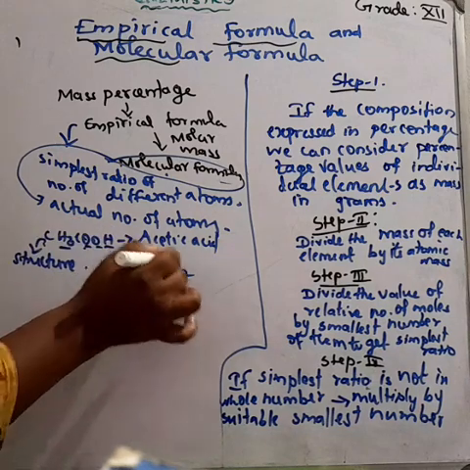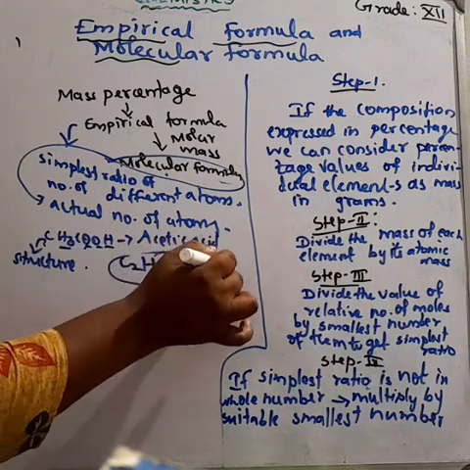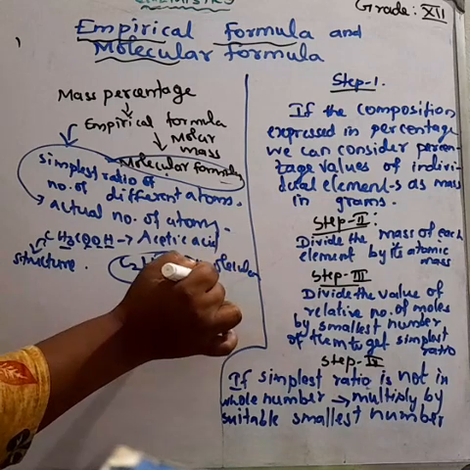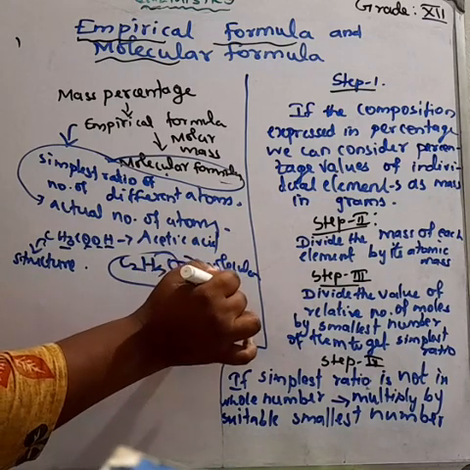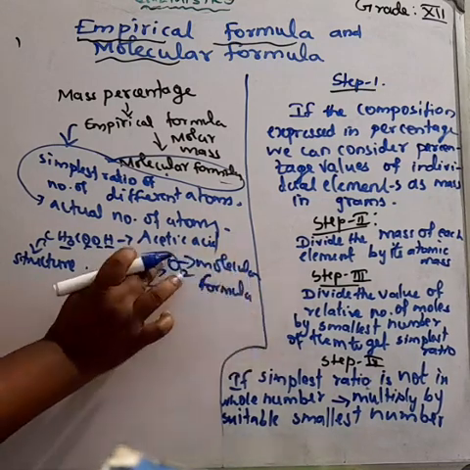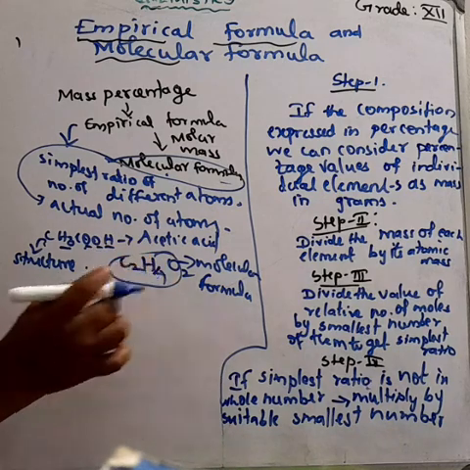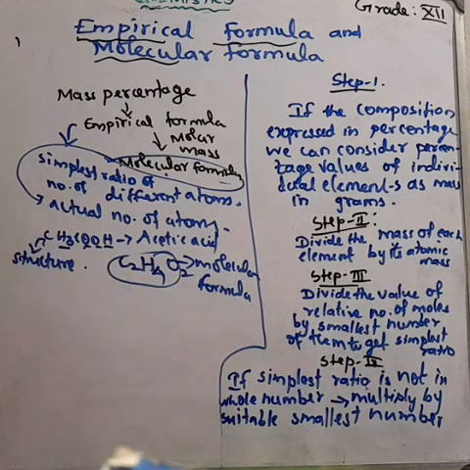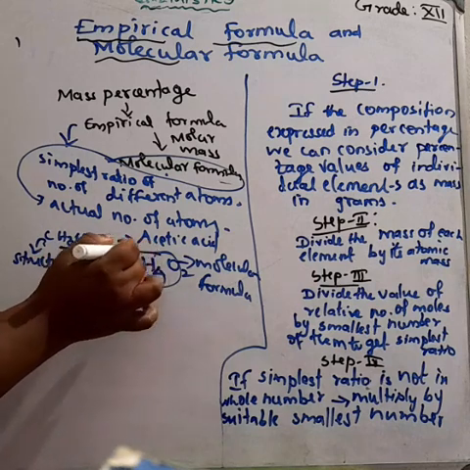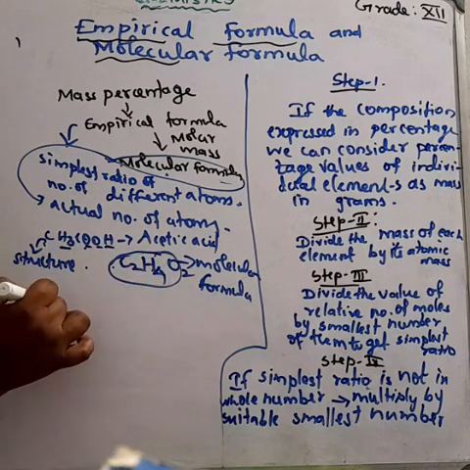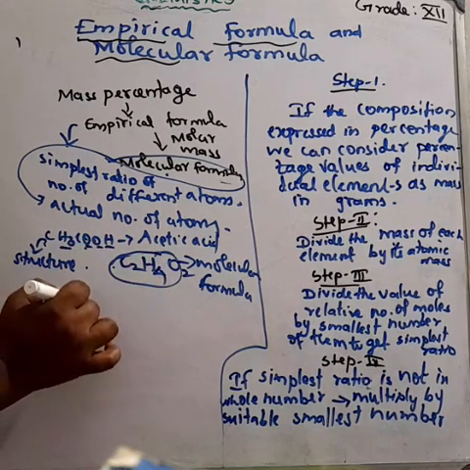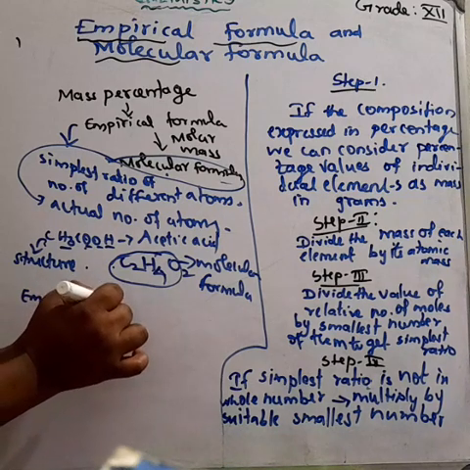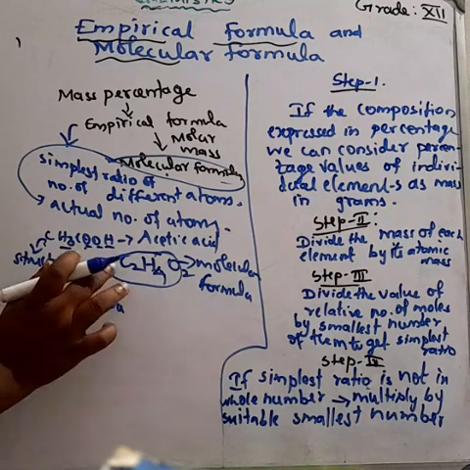So molecular formula means the actual number of different atoms present in one molecule. Understood? So the empirical formula means the simplest ratio. So this is the molecular formula of acetic acid, C2H4O2. So how can we determine the empirical formula?